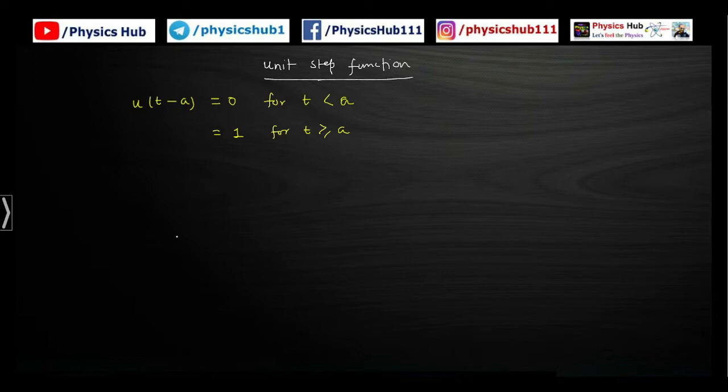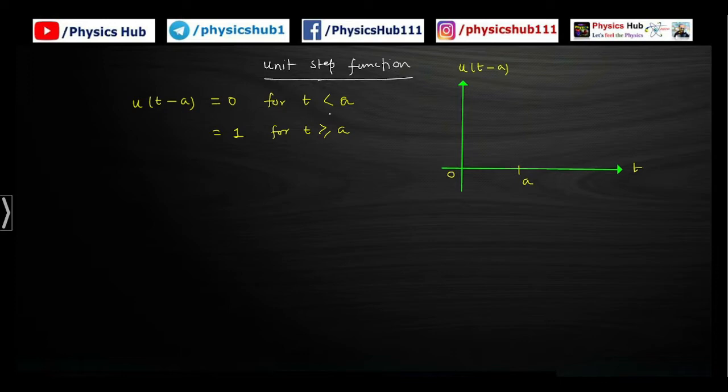So let us try to plot it in the graph. If you plot it in the graph, you will get something like this. So along the x-axis we are plotting t, and along the y-axis we are plotting u of t minus a versus t, which is the origin. So let's say this is a.